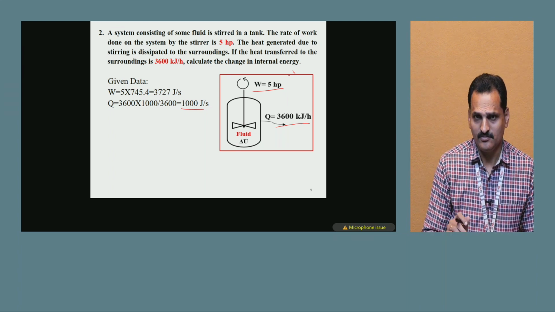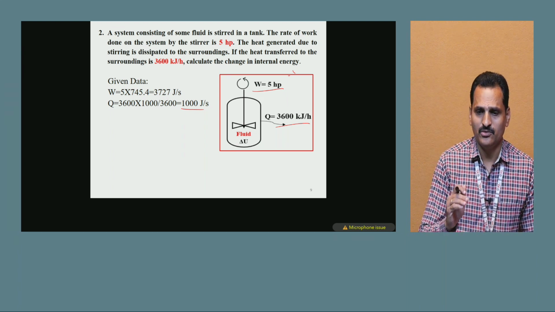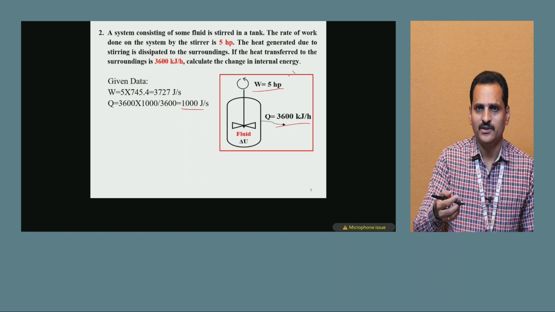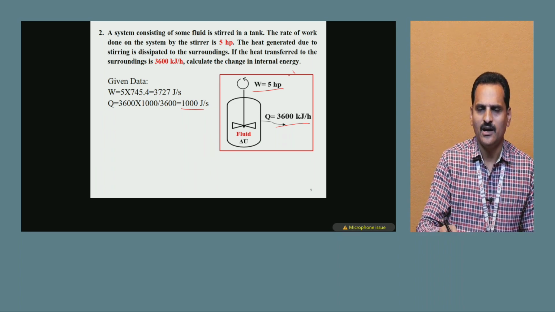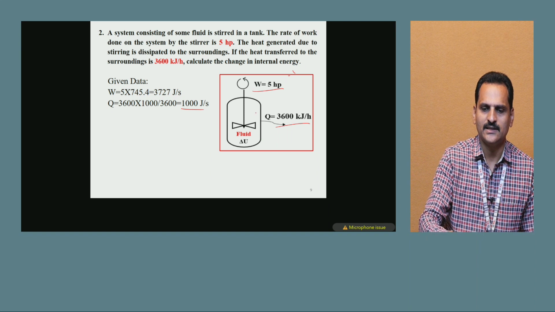So in the previous example, Q is added, W is removed, that's why Q minus W. Here it is the opposite, W is added to the system. What is the system here? The tank. This is the tank, this reactor or fluid.